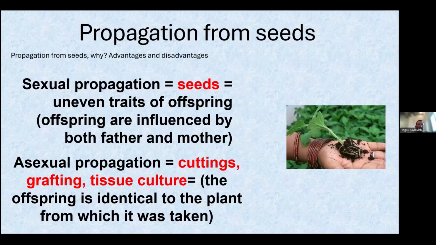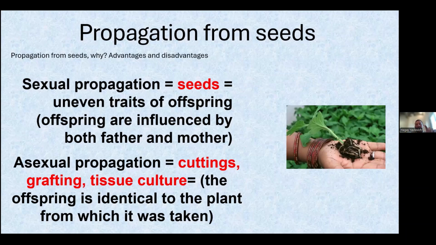Asexual propagation means cuttings, grafting, tissue culture. In this option of propagation, all the offspring will be the same, and all of them will have the same traits as the mother tree, the tree that the branch was taken from.